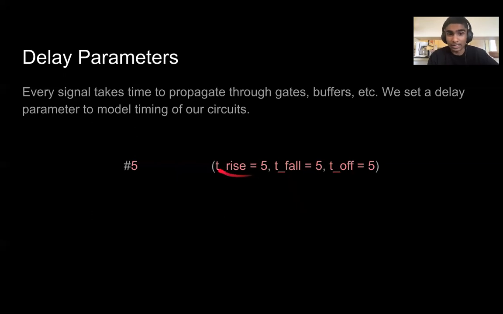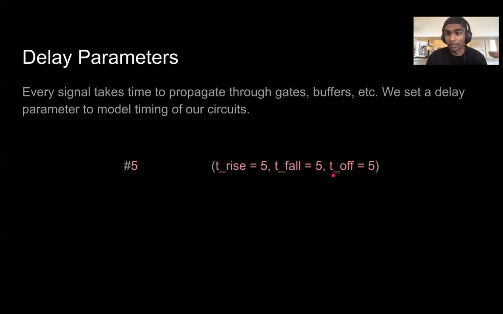So looking at this line down here, the octothorpe followed by a single number will set these parameters for your delay. So if you just have one number, your time for a rising edge is 5 time units, your time for a falling edge is 5 time units, and the time to turn off is 5 time units. I'm saying time units because we haven't defined what time scale we're at. That's something we write in Verilog. It's one line of code, pretty straightforward, but it would be inaccurate to say this is seconds or nanoseconds or picoseconds or whatever.